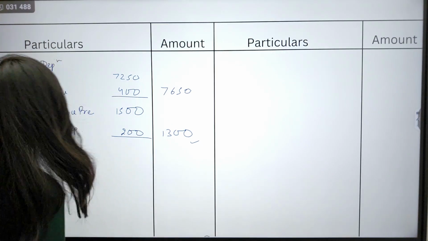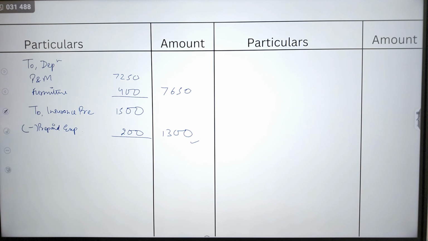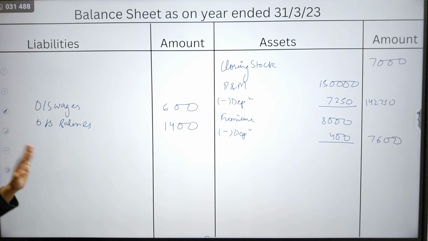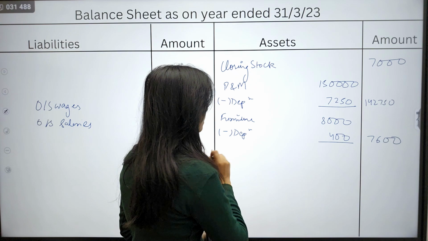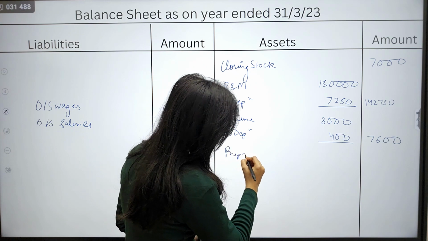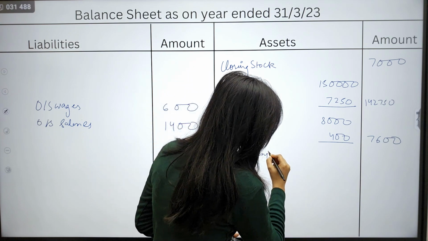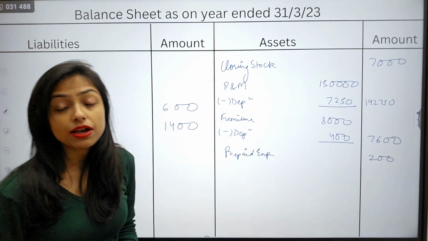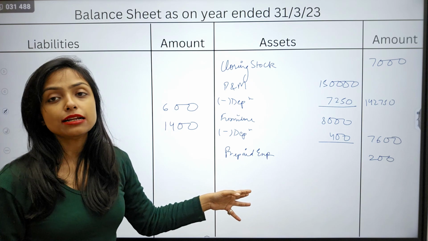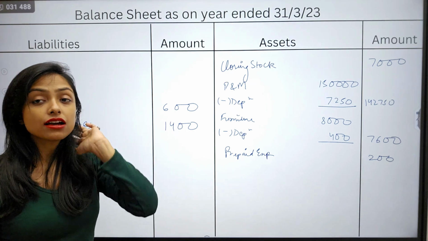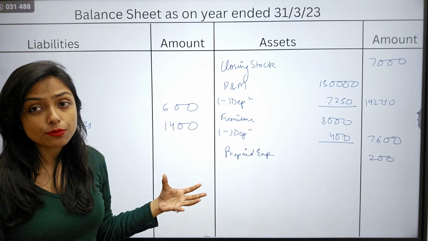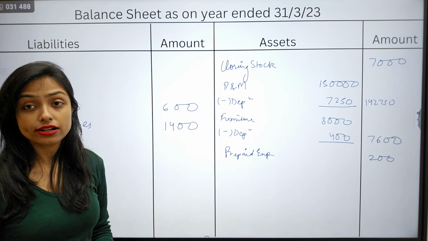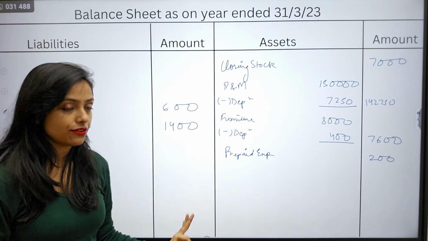Now this has to be adjusted at another place also, which is my balance sheet. This will come over here: prepaid expense of 200 rupees. Prepaid expense, what? Insurance premium. Why does this come on the asset side? Because in the future I will be receiving some service, some future benefit from it, and I will not have to pay anything for it. Hence this comes up as an asset for me.